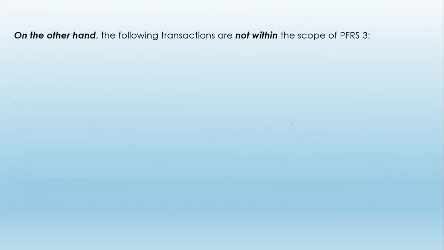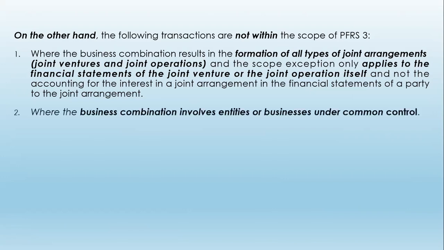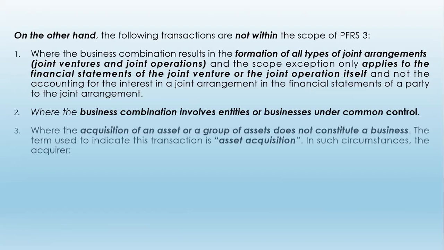The following transactions are not within the scope of PFRS 3: the formation of all types of joint arrangements, joint ventures, and joint operations, where the scope exception only applies to the financial statements of the joint venture or joint operation itself, and not the accounting for the interest in a joint arrangement in the financial statements of a party to it. Also, business combinations involving entities under common control, and where the acquisition of an asset or a group of assets does not constitute a business.